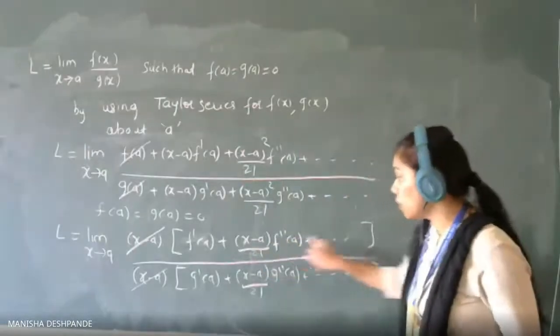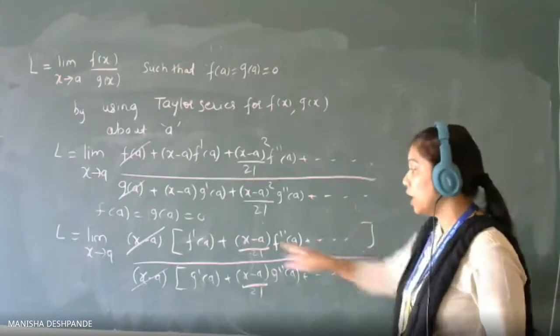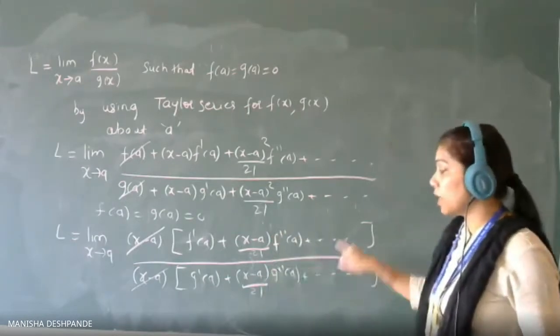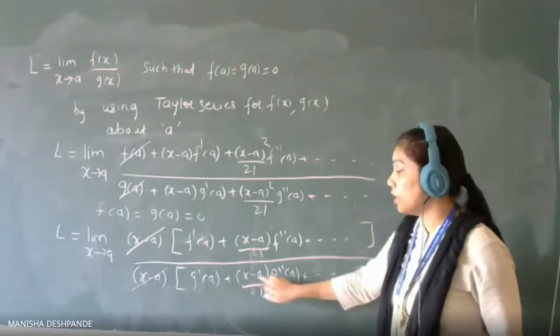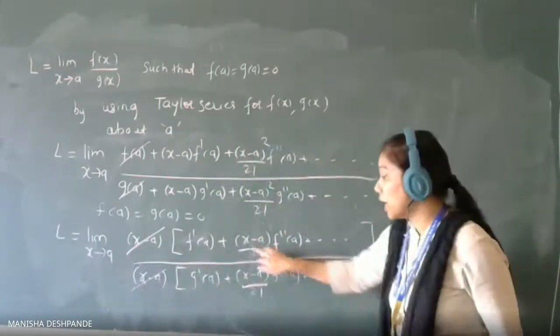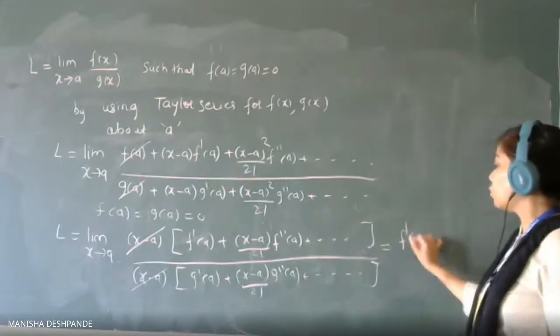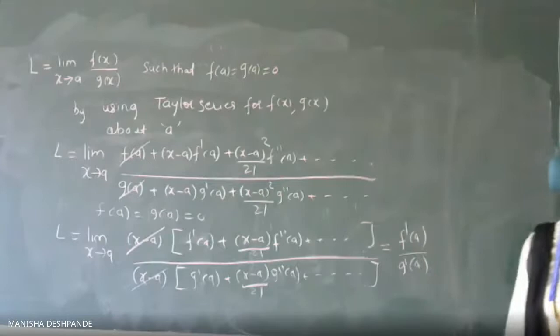Each term has the coefficient in terms of x minus a, with power 1 in the next term, power 2, then x minus a raised to 3. So when x is equal to a, second term onwards all will become 0. What will remain is only f dash of a upon g dash of a. Therefore your answer is f dash of a upon g dash of a.